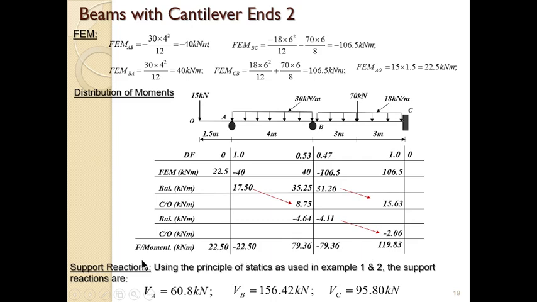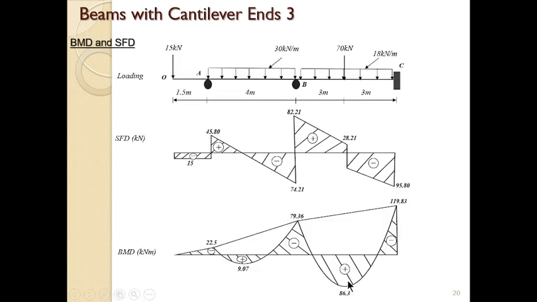The next step is to calculate the support reactions using the principle of statics. We now calculate the support reactions: VA is this, VB is this, and VC. So we go ahead to draw the bending moment diagram in the usual way. This is the load, this is the shear force diagram, and this is the bending moment diagram.